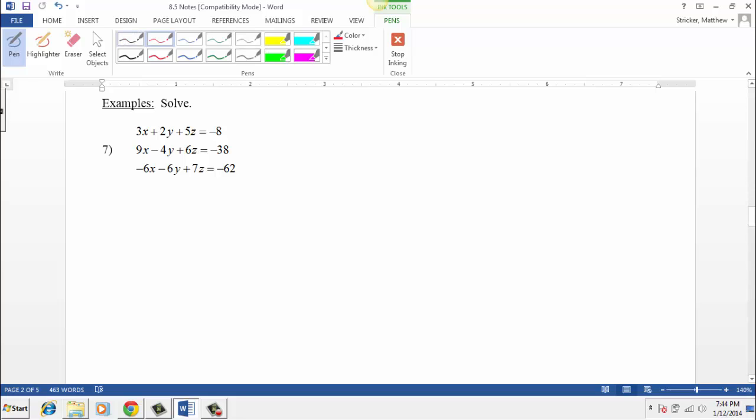So our goal here is to turn the 3 by 3 system, 3 equations, 3 unknowns, into a 2 by 2 system that we already know how to solve.